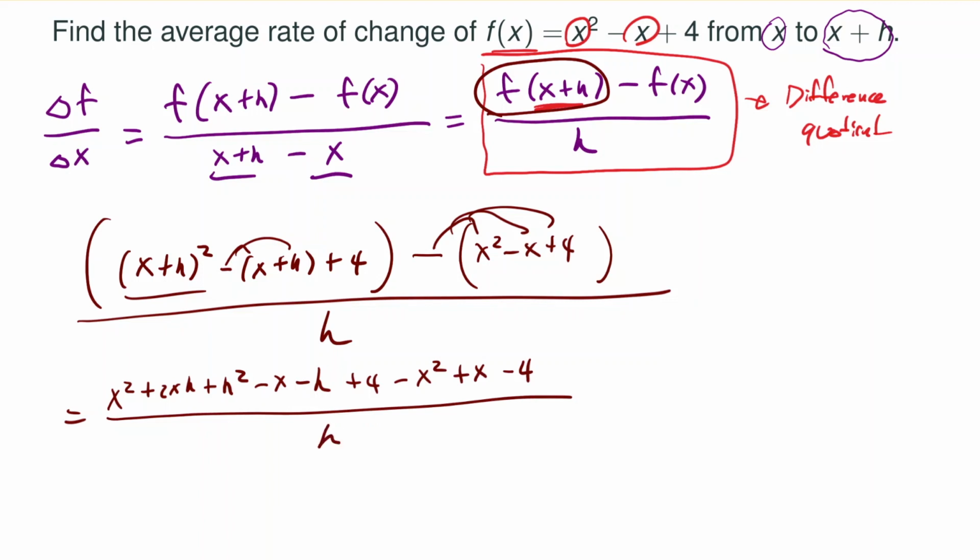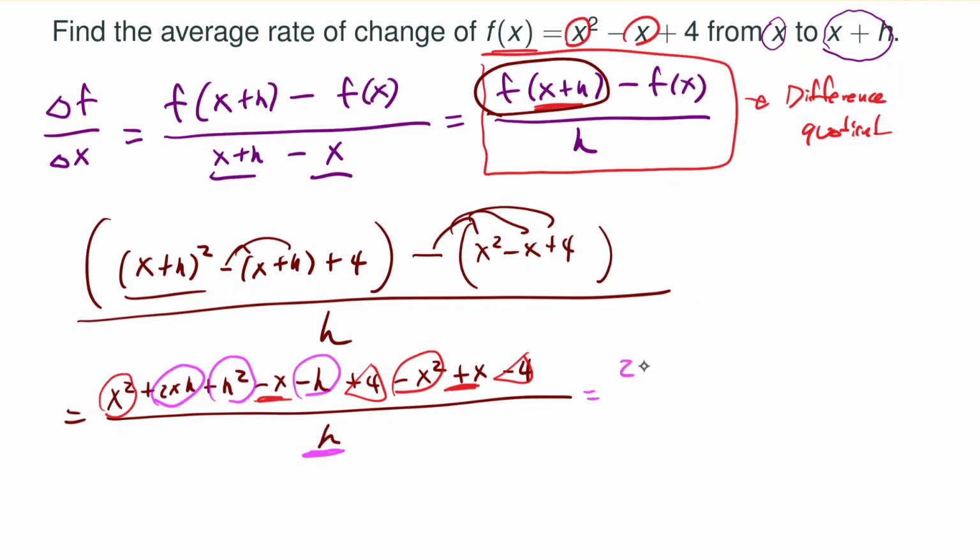Then collect like terms. The x squared minus x squared cancels out. Minus x plus x cancels out. Positive 4, negative 4 cancels out. So the only things we are left with are these terms on the numerator, and of course the denominator h.